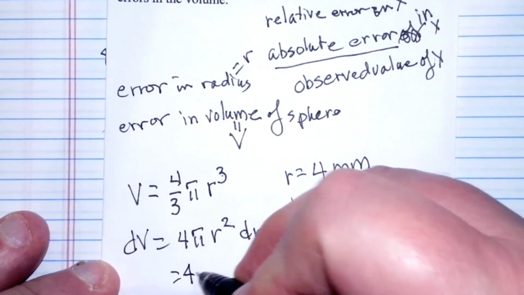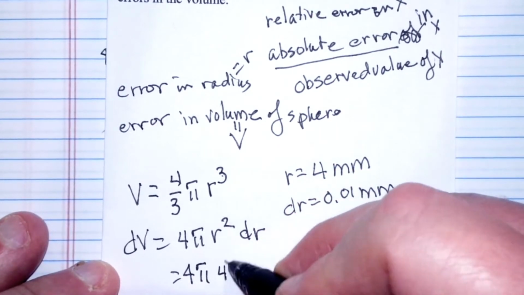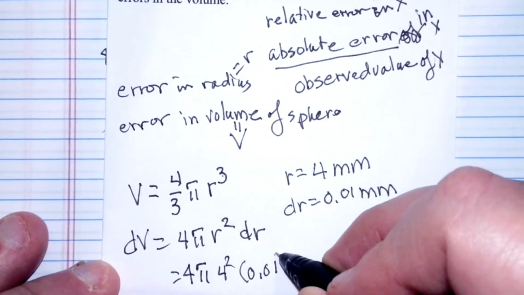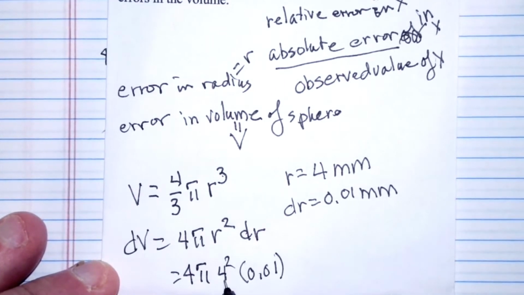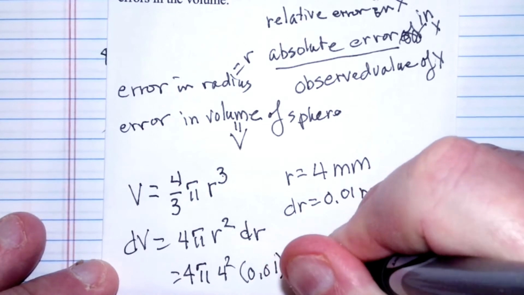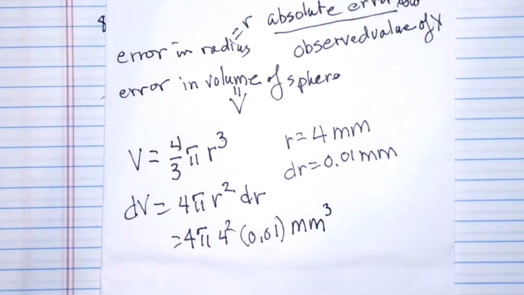So we've got 4 pi times 4 squared times 0.01. Now, this is measured in millimeters, so it's going to be millimeters squared once we square it, and then the dr is also measured in millimeters, so we've got millimeters times millimeters times millimeters. That's going to be cubic millimeters. Alright, so what's that going to be?